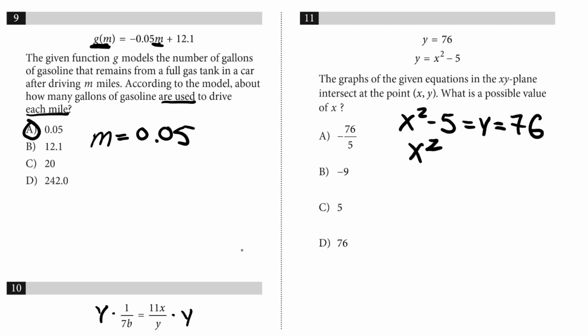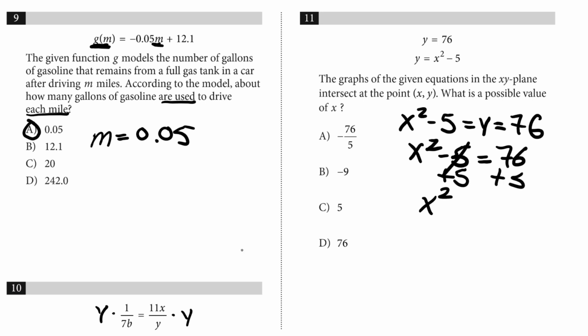So we can substitute or remove that y in the middle and simply set x squared minus 5 equal to 76.